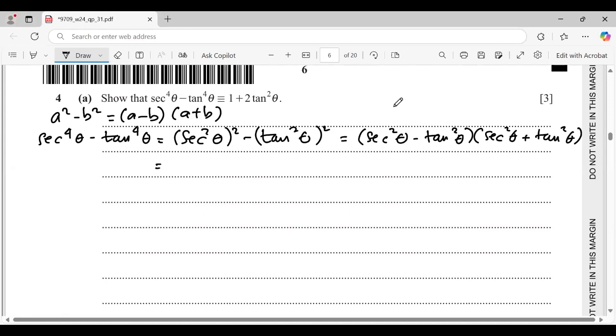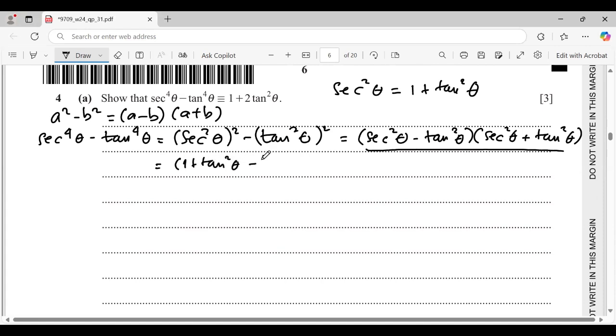And after that, recall that secant squared theta is 1 plus tangent squared theta. Okay, so we can rearrange this expression. It becomes (1 plus tangent squared theta minus tangent squared theta)(1 plus tangent squared theta plus tangent squared theta).